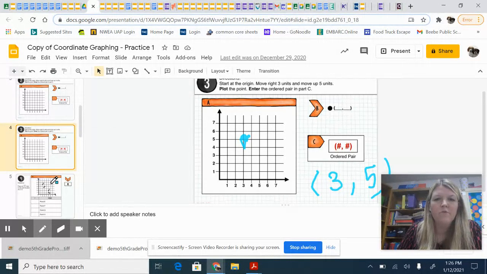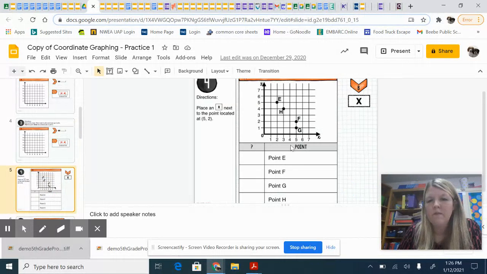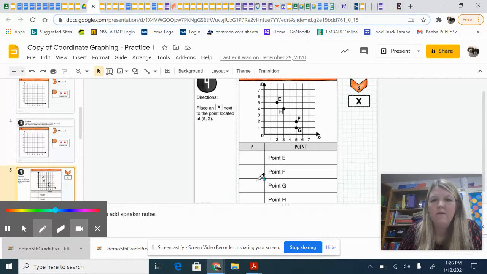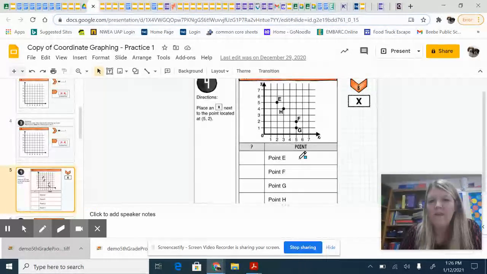All right, so we can also, if we are given the points, we can find where they're located. So that's what we'll do on this one. So if I'm finding point E, then I look and I go over, and I can see that it's over 2, and then it's up 5.